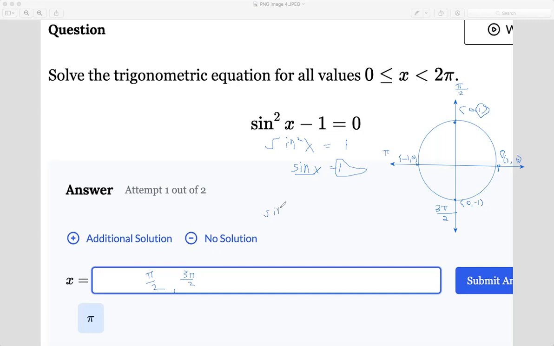So we have sine squared of 3 pi over 2, minus 1 equals 0. Let's see if this makes sense. So I'm going to put a question mark over here.